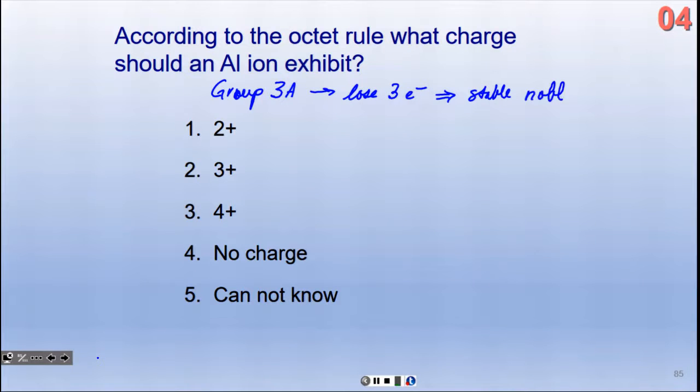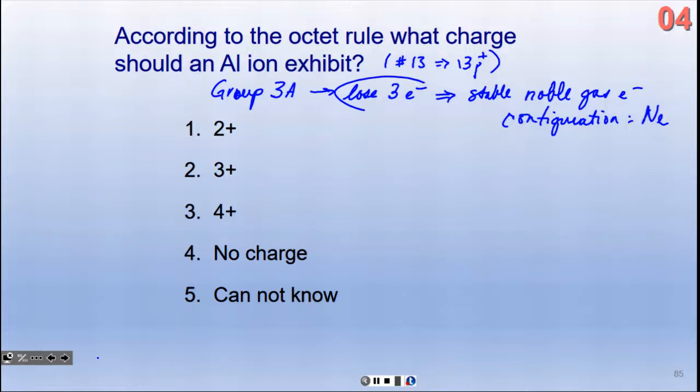Aluminum is element number 13, so it has 13 protons, right? And if it's going to lose 3 electrons, the stable noble gas electron configuration is going to be the same as element number 10, which is neon. So losing 3 electrons gives you a +3 charge.